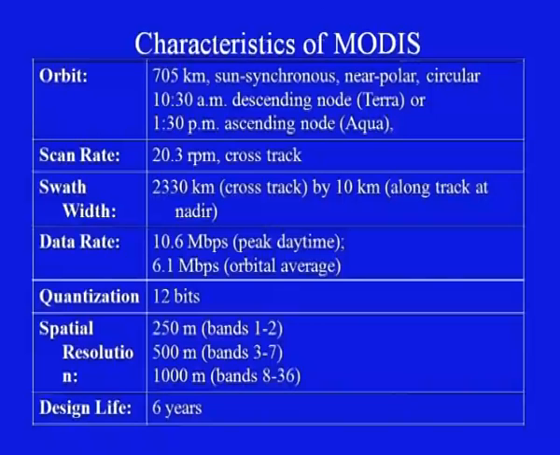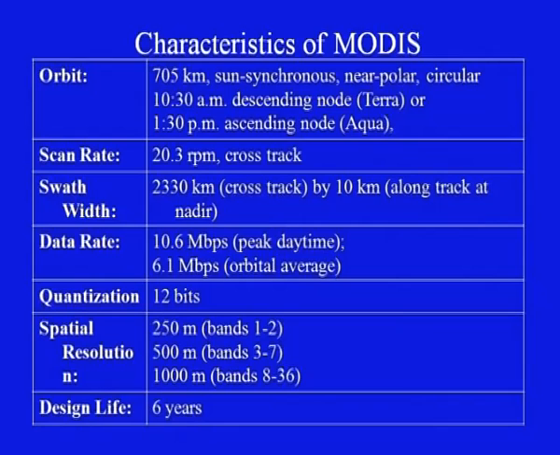Now, let us look at the characteristics of MODIS. The orbit of MODIS is a sun synchronous near polar circular one at an altitude of 705 kilometers.